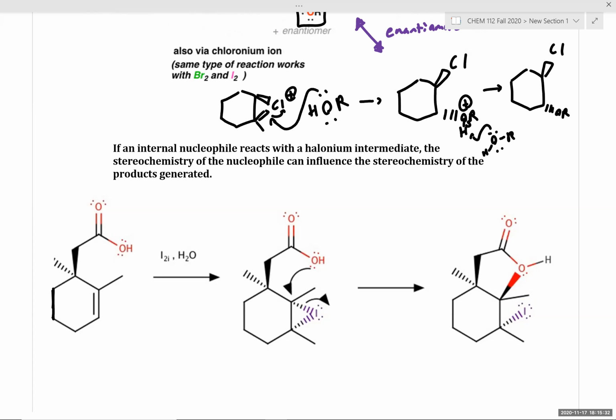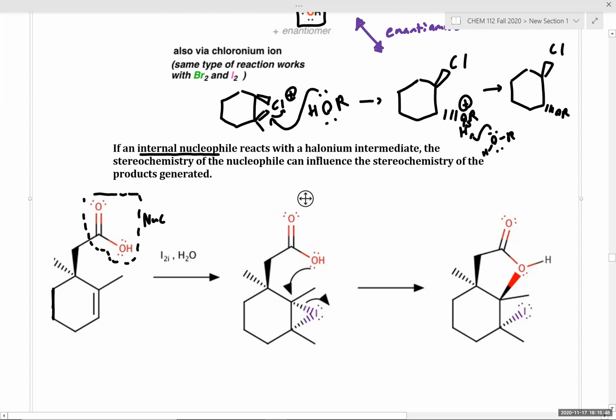And if you start with a single enantiomer, you will get out a single enantiomer. So for example, if an internal nucleophile, so this will be our internal nucleophile, reacts with a halonium intermediate, the stereochemistry of the nucleophile can influence the stereochemistry of the products.